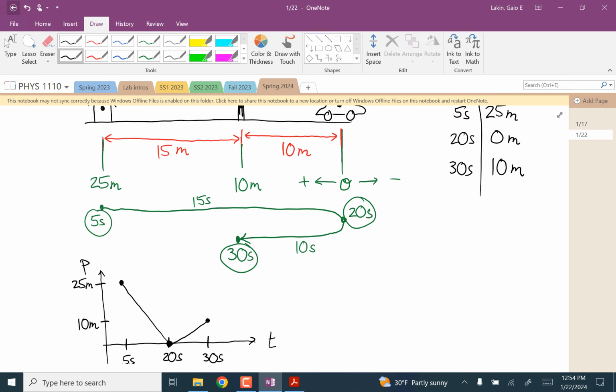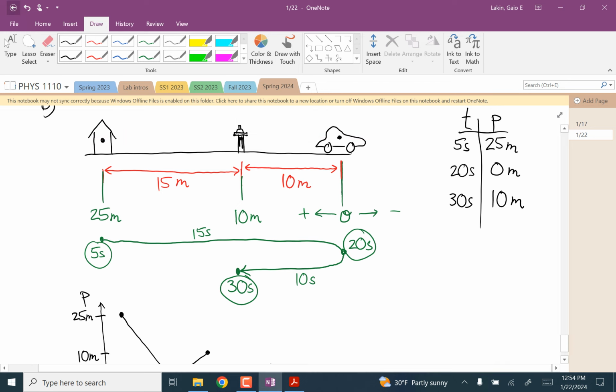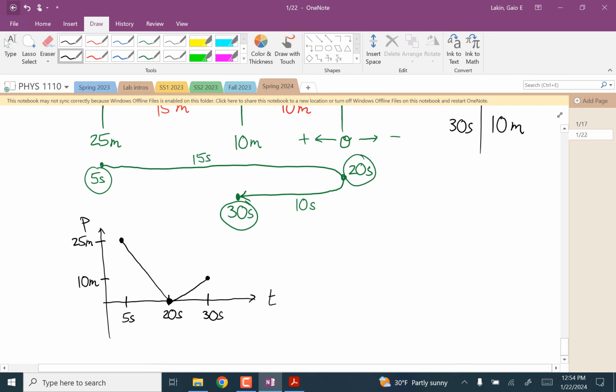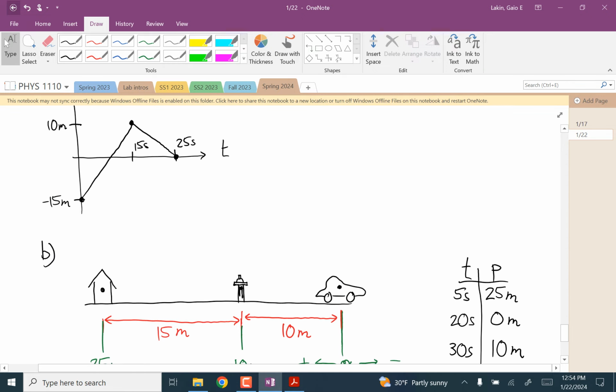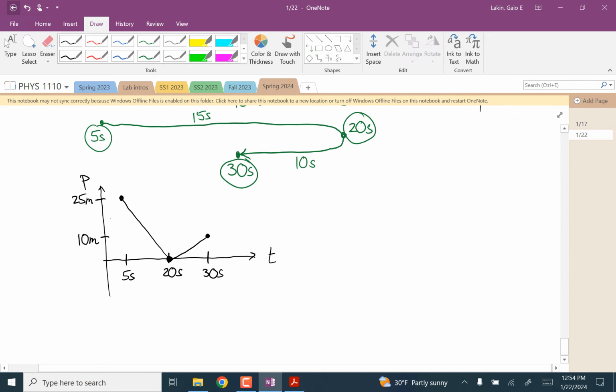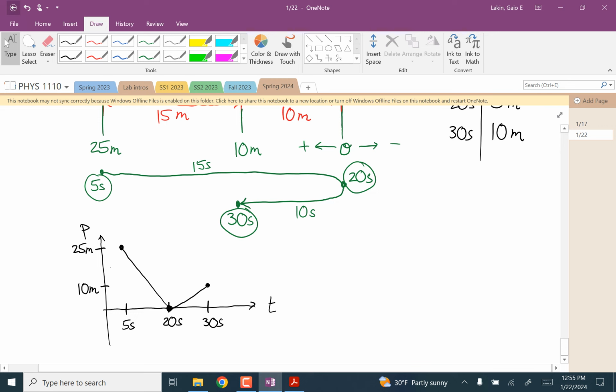Any questions about that? So it's the exact same motion, but with different choices of zeros and positive direction. You can see that the graph looks different. It's shifted up and down, it's shifted left and right, and it's flipped upside down. Okay.